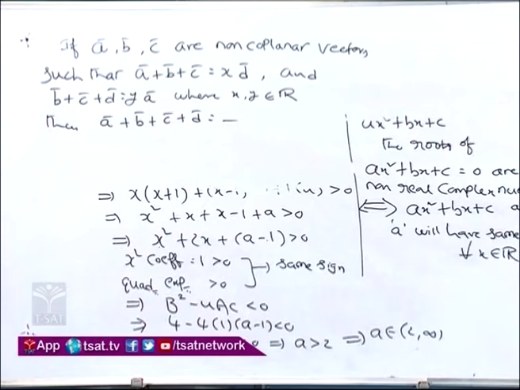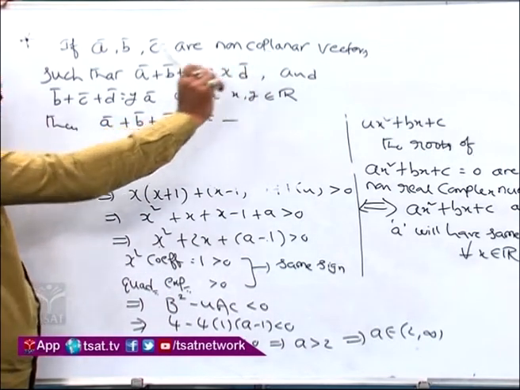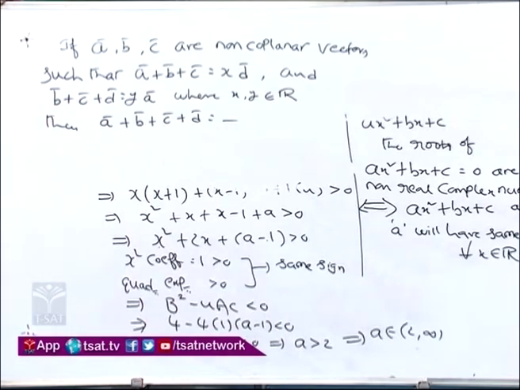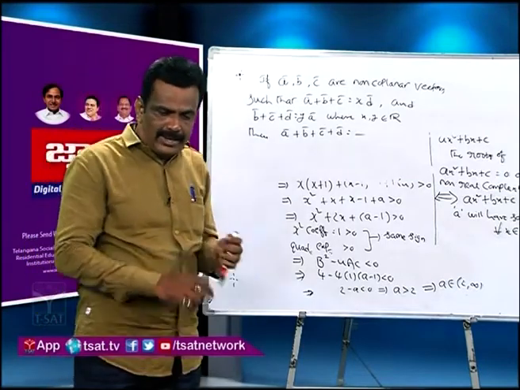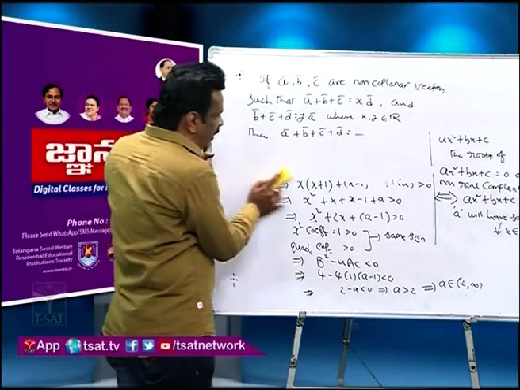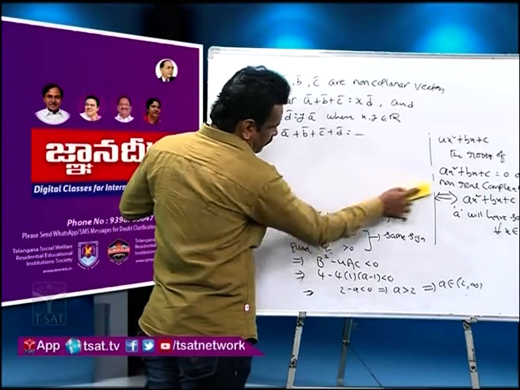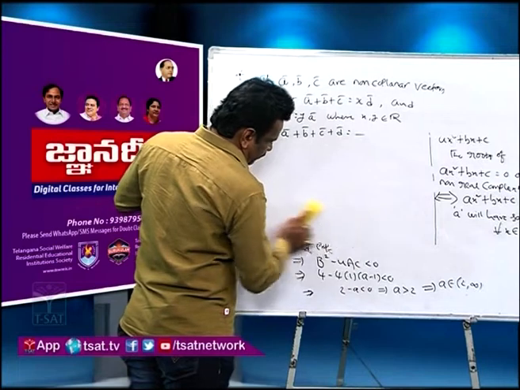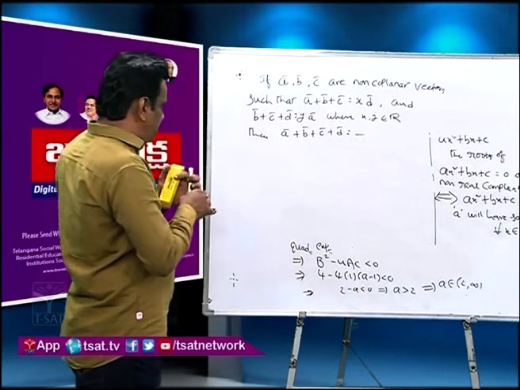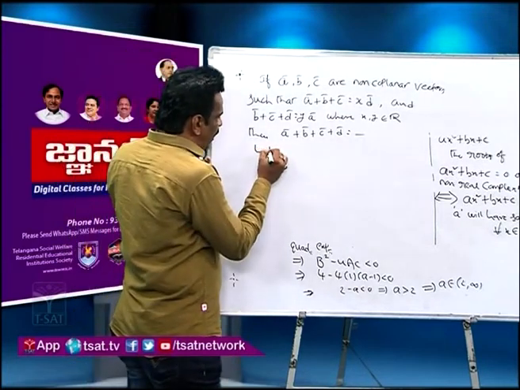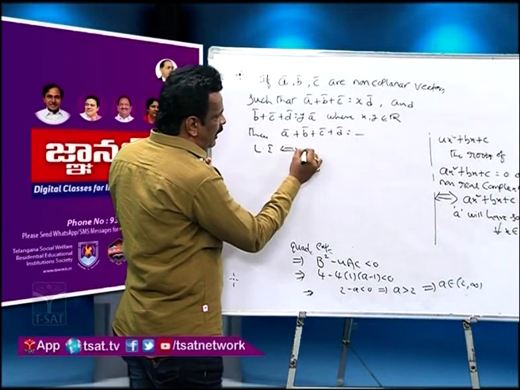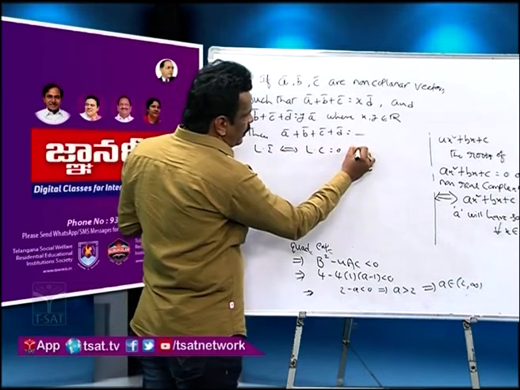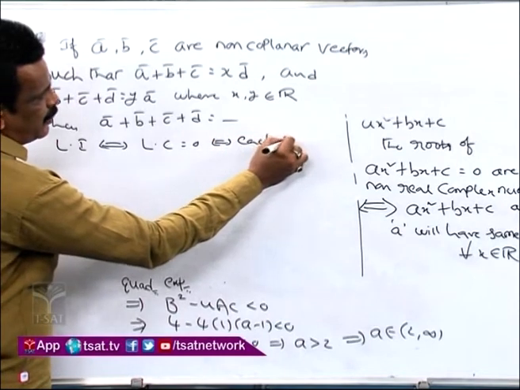I think students, you studied the same in the intermediate exam. So here, before applying any condition, you must think that non-coplanarity and linear independence are both the same. So first let us remind again linear independence. Linear independence implies and is implied by linear combination equal to 0 implies and is implied by each scalar being 0.